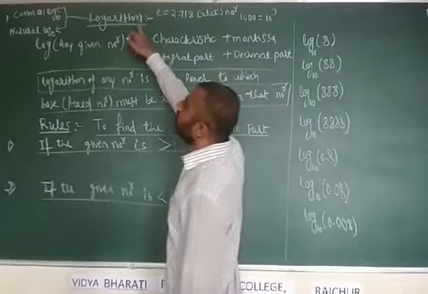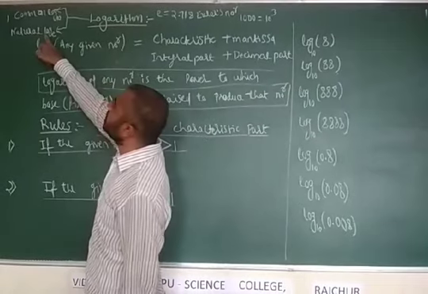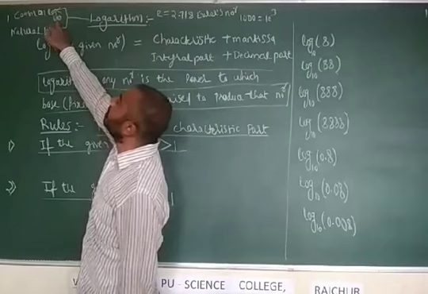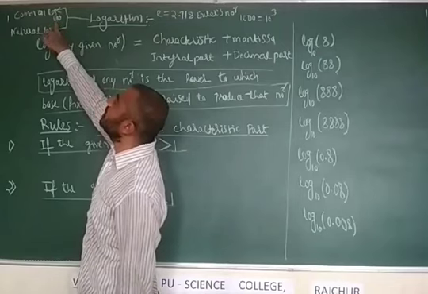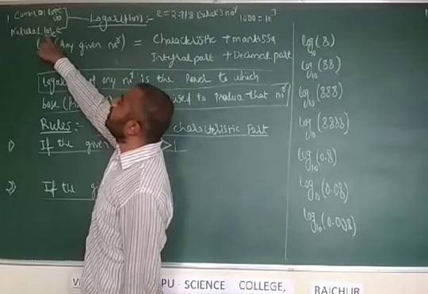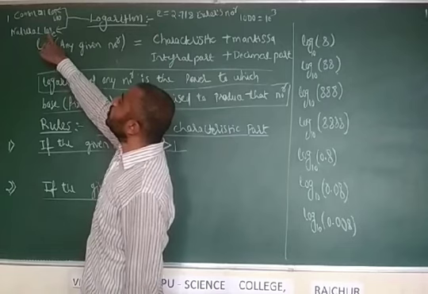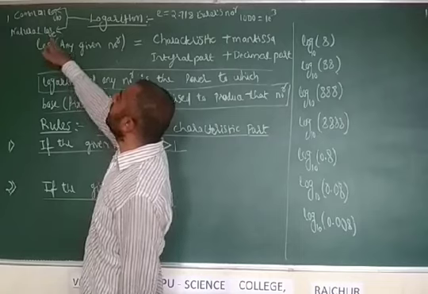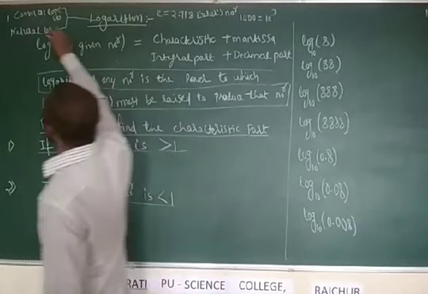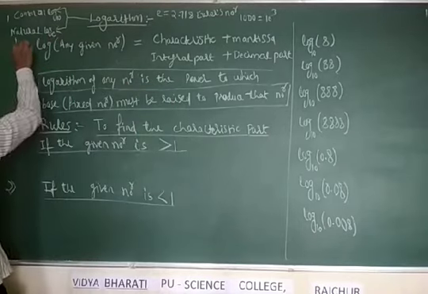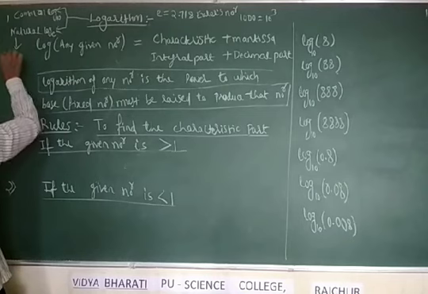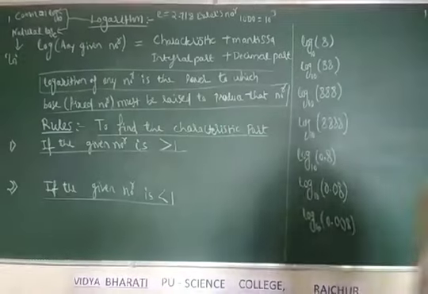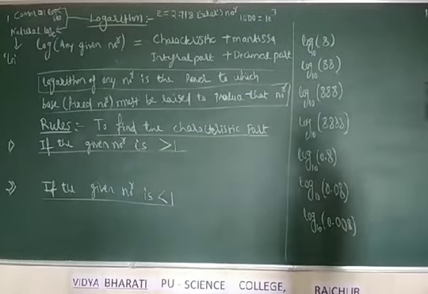And the natural logarithm, how is that represented? Common logarithm is represented as log to the base 10. Natural logarithm, how is that defined? Log to the base e, or in short, this natural logarithm is also written like this: ln, natural logarithm or Napier's logarithm.